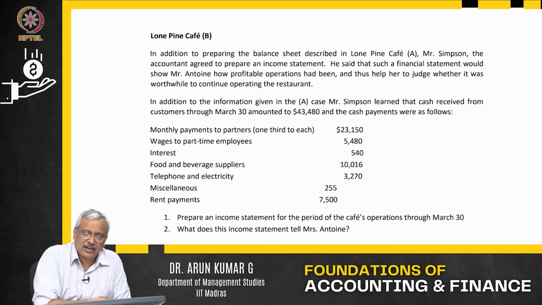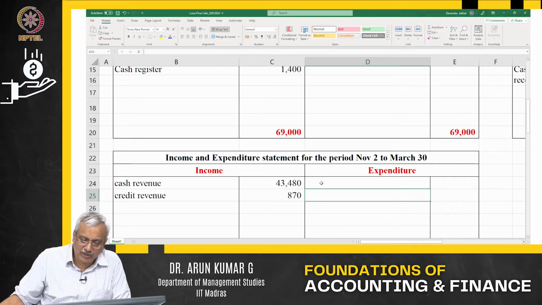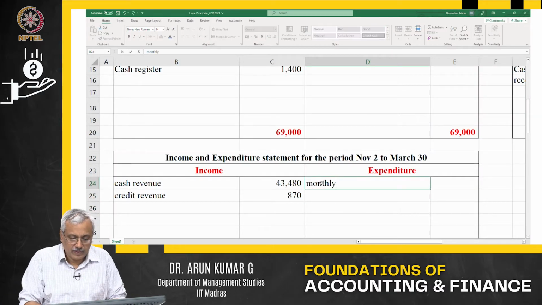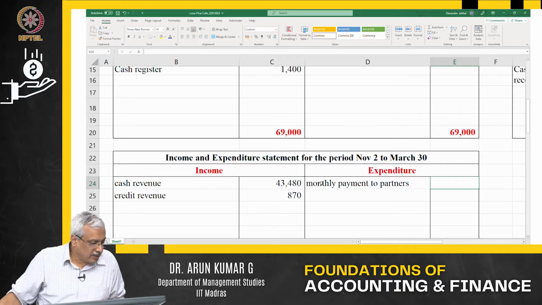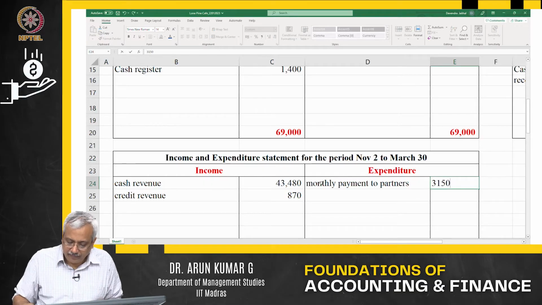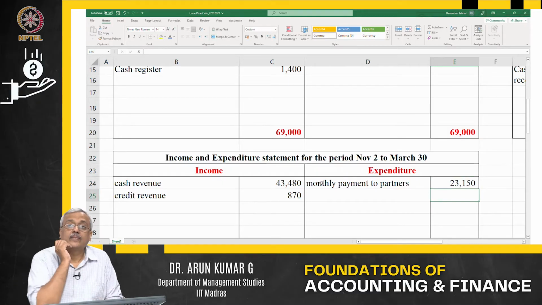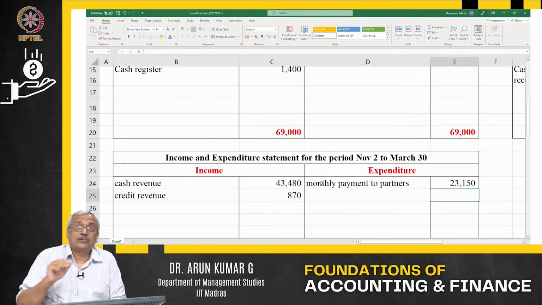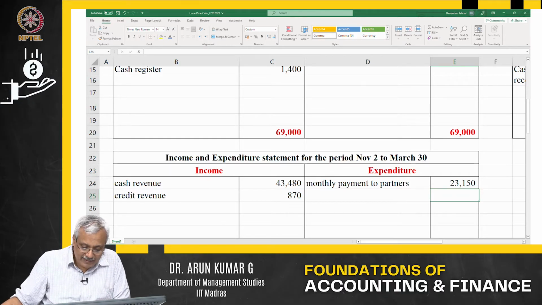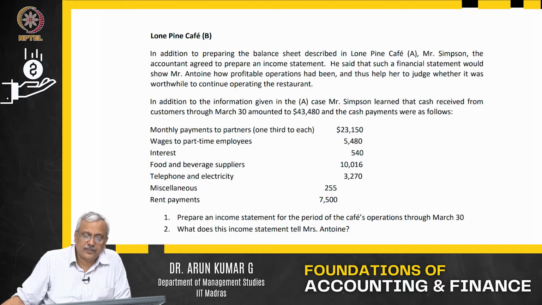The monthly payment to partners is $23,150, which I have paid to the partners. I have recorded it as an expenditure.